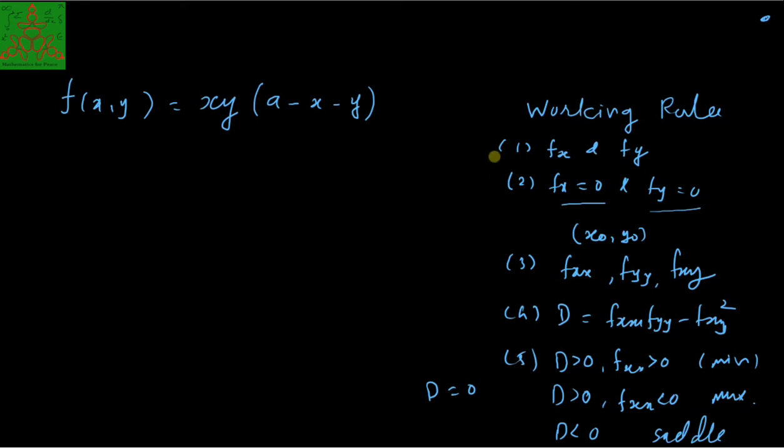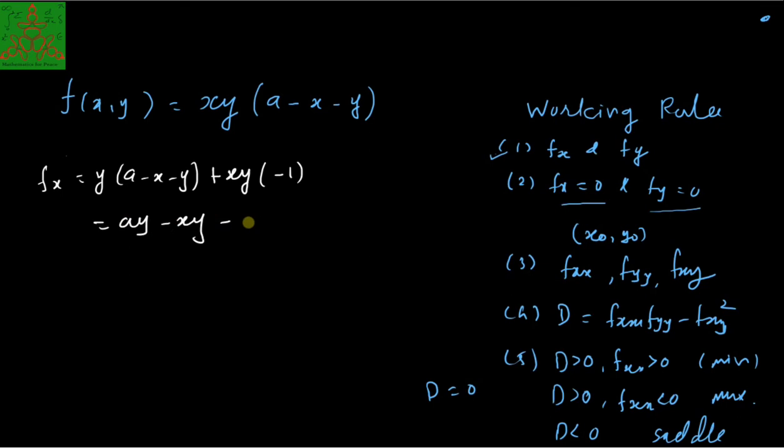So according to this, the first step is to calculate fx for this function. fx will be y times (a - x - y) as it is, plus xy times the derivative of the bracket, which is minus 1. Hence this gives ay - xy - y² - xy.